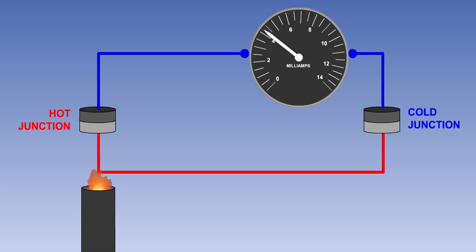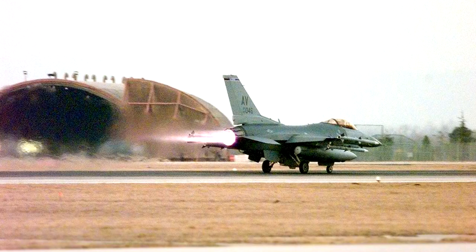The amount of current flow is directly proportional to the difference in temperature between the 2 junctions. Thermocouples are often used to measure the exhaust gas temperature of a jet engine, where the hot junction is placed in the exhaust gases and the cold junction is contained in the gas temperature gauge.